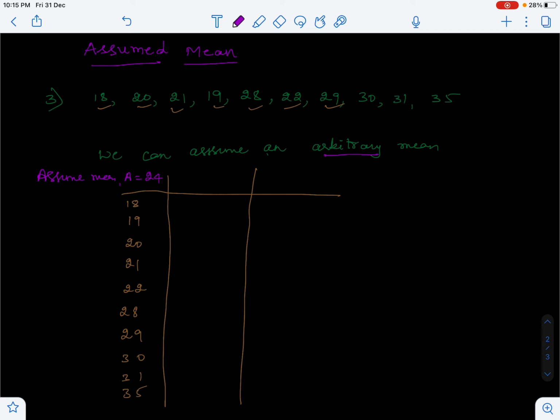Now I am going to find the deviations from the assumed mean. Deviation means how far the given observation is from the assumed mean. So I subtract the assumed mean from the observation. 18 minus 24 is minus 6.